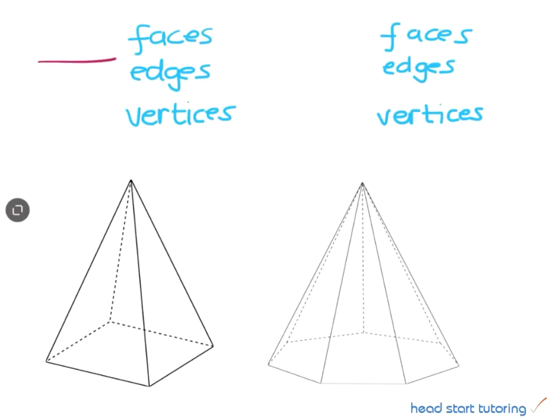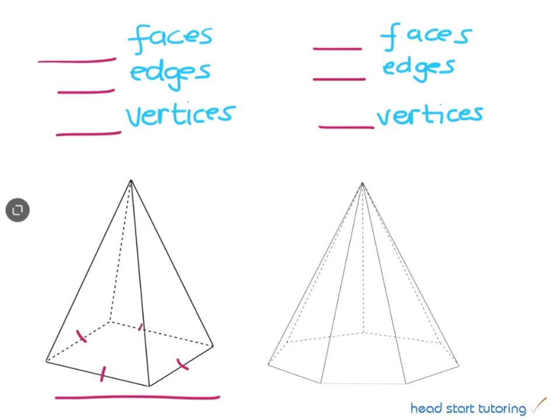We are going to have a look at these two pyramids and figure out how many faces, edges, and vertices these pyramids have. So this pyramid over here, this first one, is a square-based pyramid. So it's a square pyramid because our base here is a square.